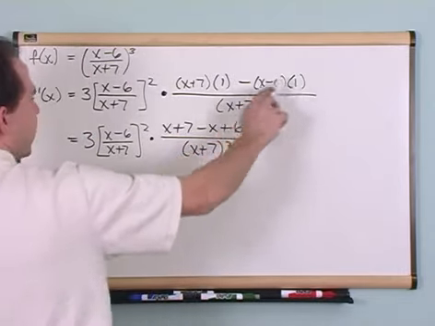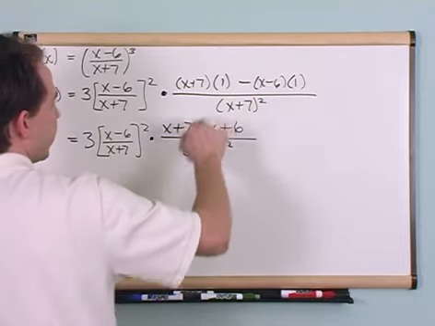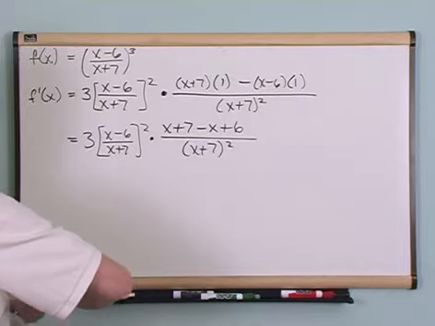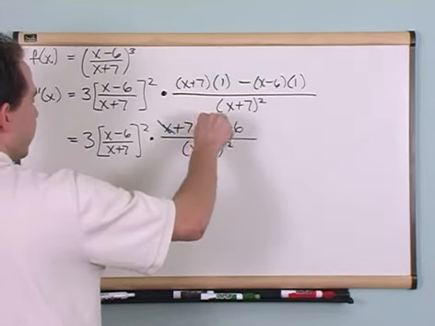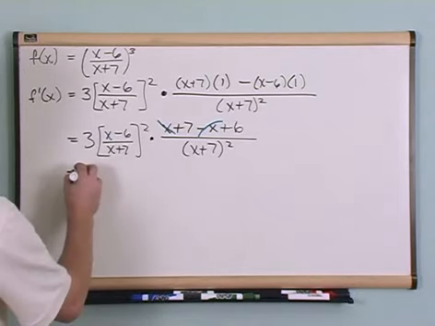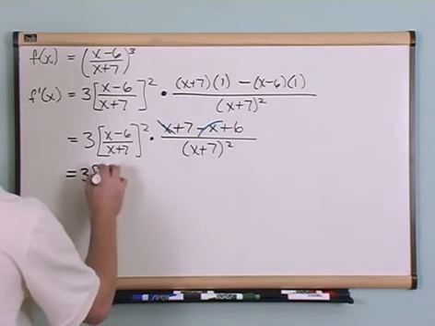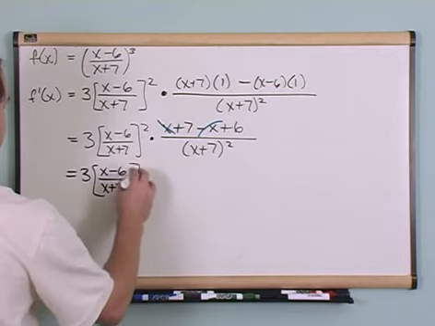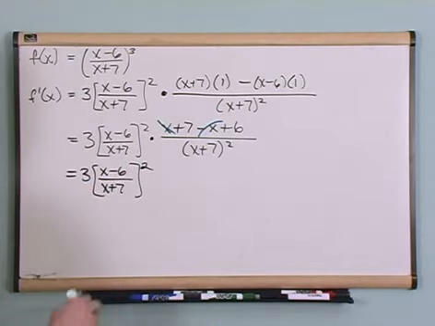And I just distributed this negative 1, and I got the negative x, I got the positive 6, like this. Now, what does that do? This x cancels with this negative x, right? So in the end, what you're going to have is 3 times (x minus 6) over (x plus 7). This quantity is squared, don't forget that.